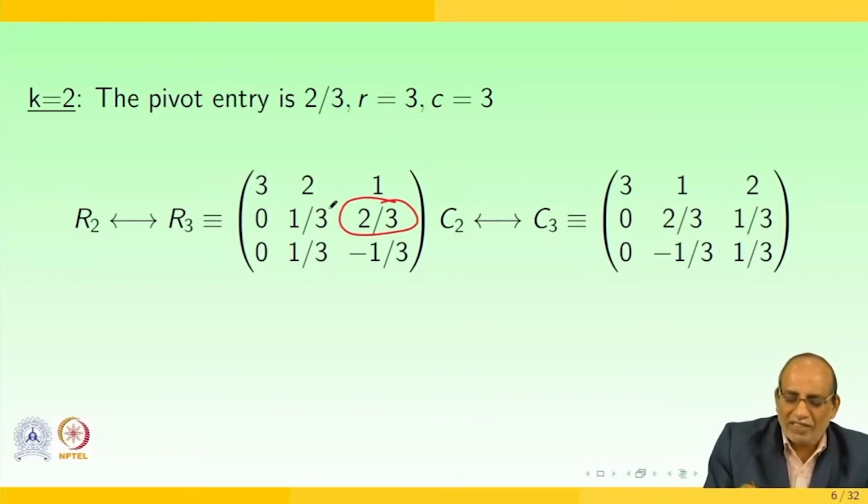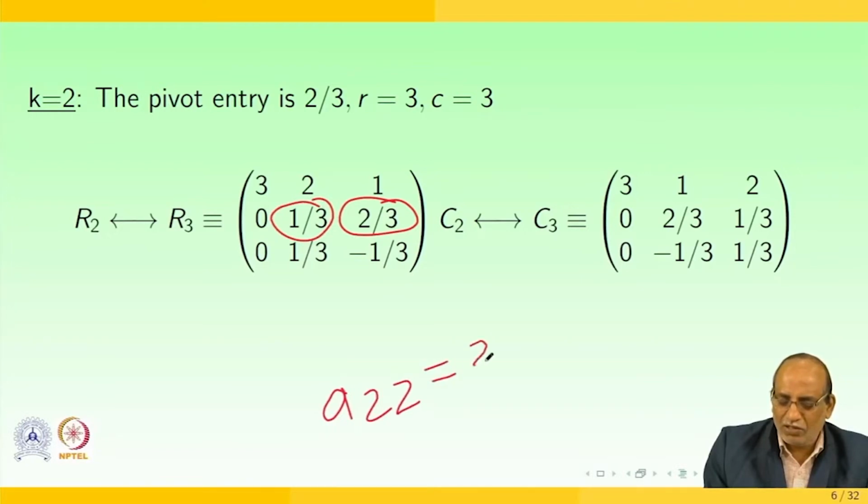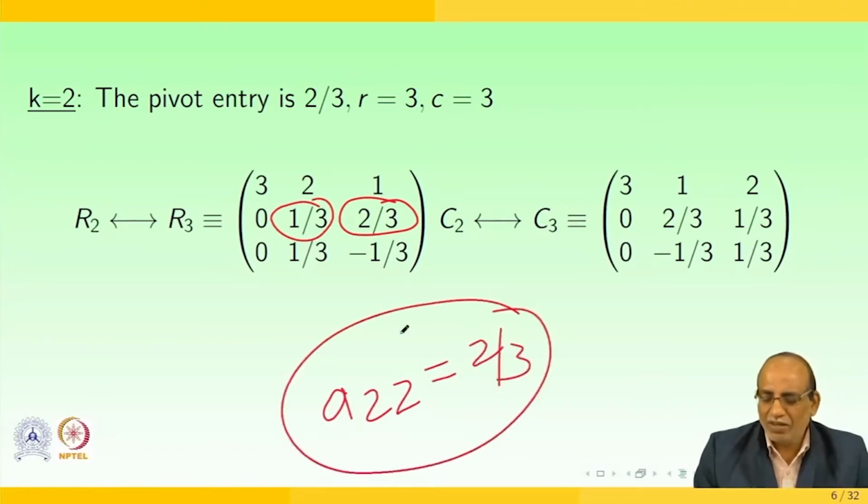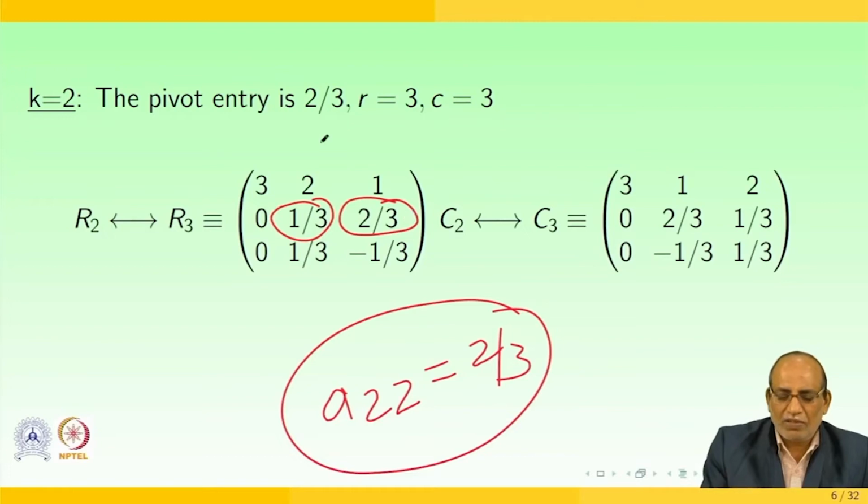So how do you bring this as the 2 by 2 element? That means I want to have A22 equal to 2 by 3. So what I do is, the pivot entry is 2 by 3, so the row is 2 and the column is 3. So I would change R2 and R3, and it becomes 1 by 3 and minus 1 by 3, and 2 by 3 and minus 1 by 3.